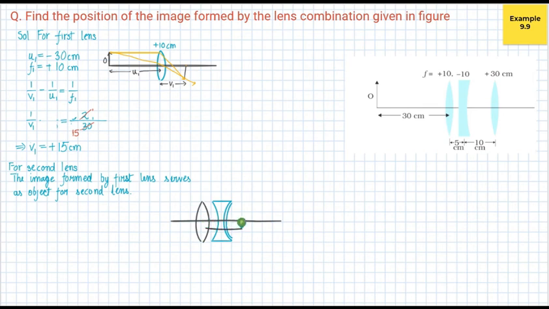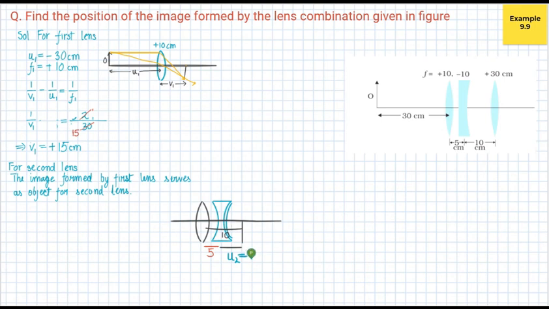Now for the second lens, the object distance u2 equals how much? See, this total length is 15 centimeter. This distance is 5 centimeter. So I'll write down 5 centimeter here. This distance is 10 centimeter. So u2 will be 10 minus 5.